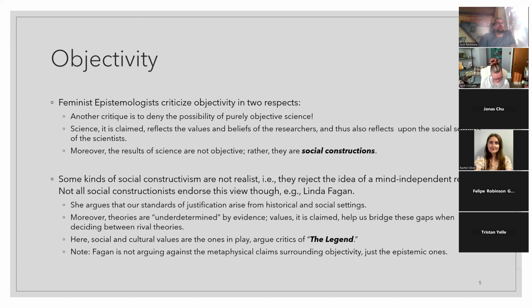The received view was geocentrism, the idea that the Earth is at the center of the cosmos, and this really was underdetermined by the evidence. People claimed that the Earth was the center of the cosmos by appealing to Aristotelian physics or the Ptolemaic model of the solar system, where retrograde motion was explained by placing the planets on crystal spheres.